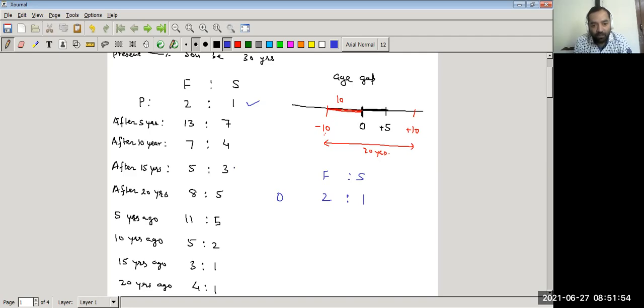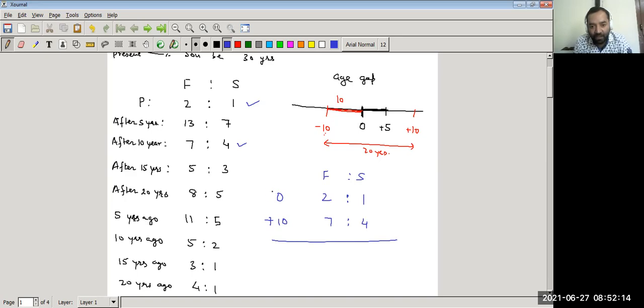And after 10 years, their ages will be in the ratio 7:4. Now find the present age of father and son.